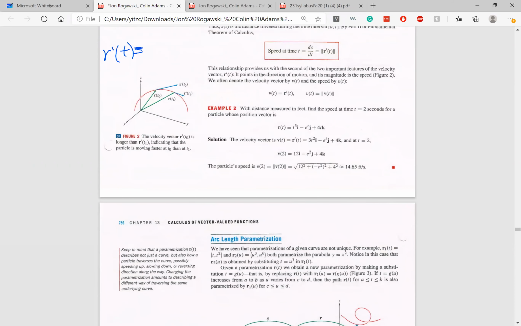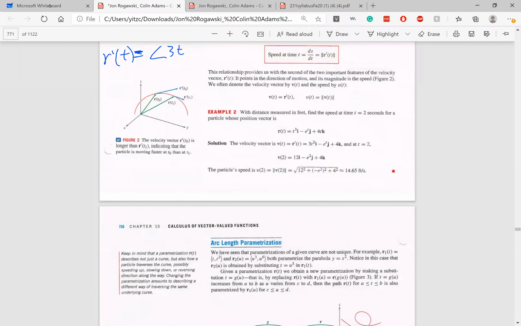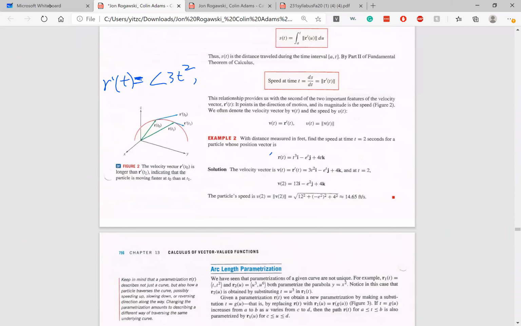That's going to be 3t squared, minus e to the t, and 4. Okay, and then we can plug in our 2. So then we would get that this is equal to 3 times 2 squared, which is 12, negative e to the 2, and 4.